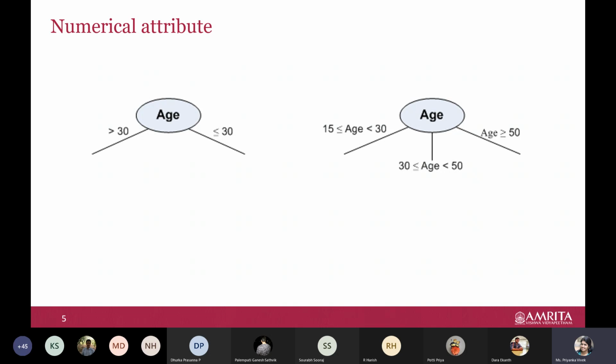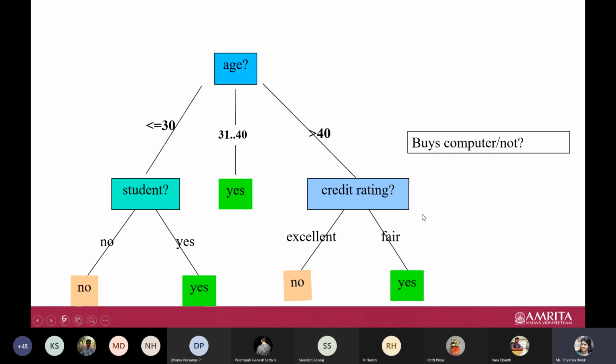How do you decide what value to split on? Maybe the mean can be one option, like if age takes a value from 0 to 100, we can say above 50, below 50. Or based on the domain, if that attribute has more importance and we don't want to lose that much information, maybe we'll give 3 or 4 splits, discrete values for that.